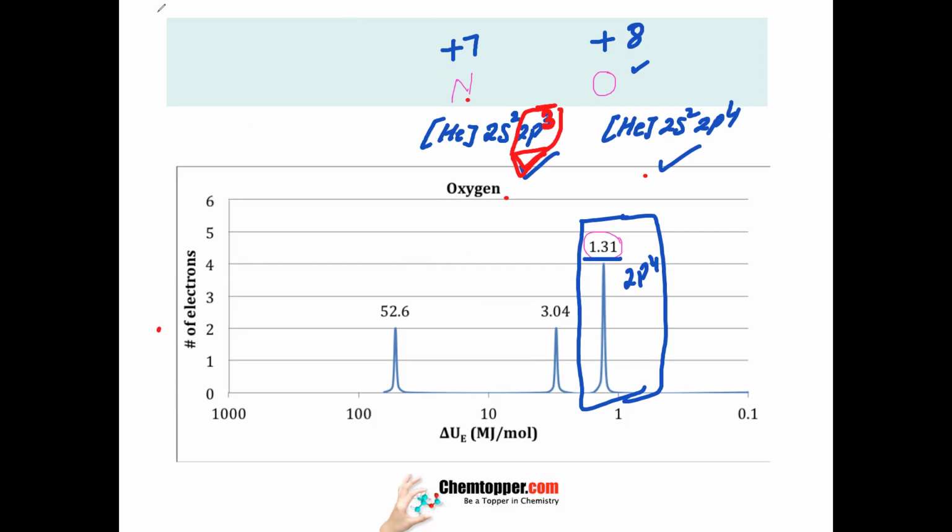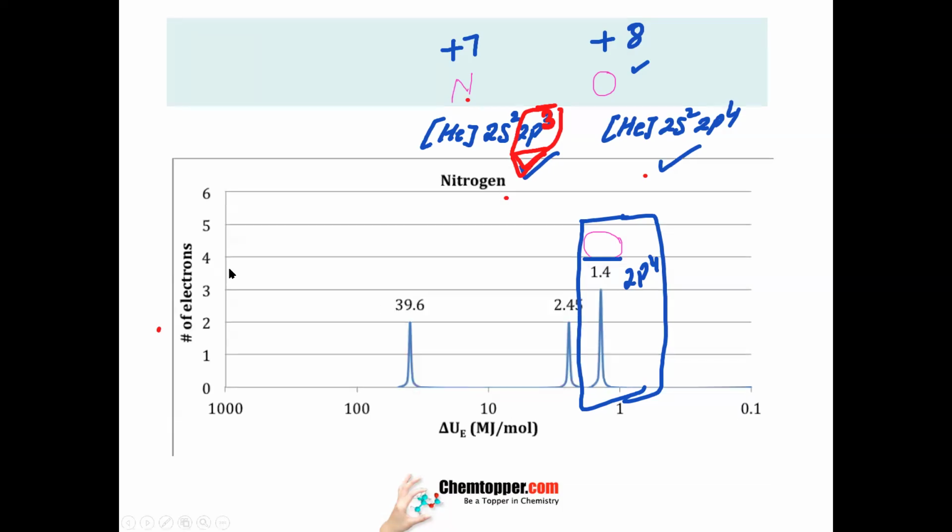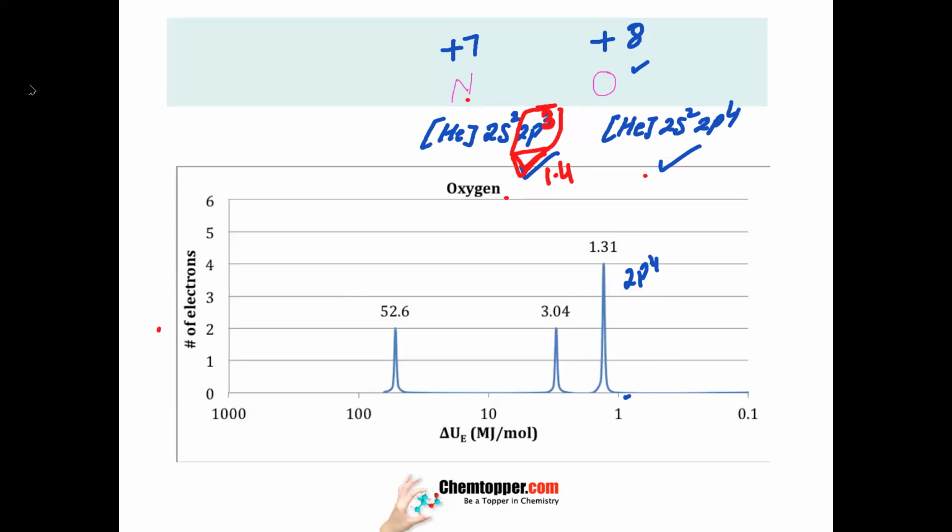You see, the amount of energy needed to remove an electron from 2p3 is 1.4. This one. But the amount of energy needed to remove from oxygen is 1.31. This one. But protons are more in oxygen.